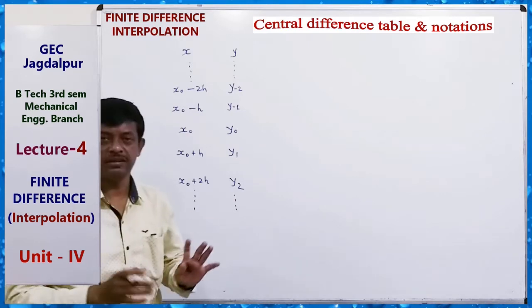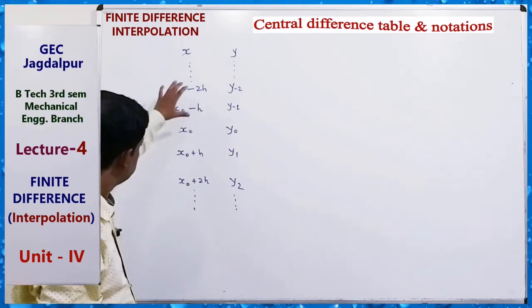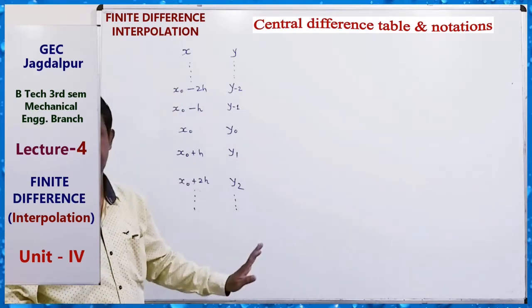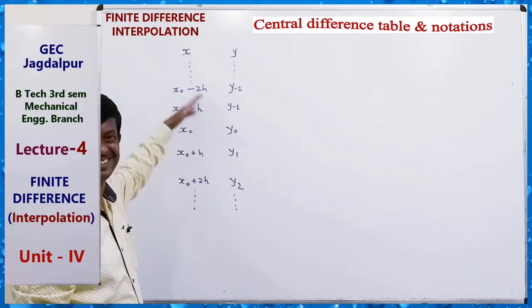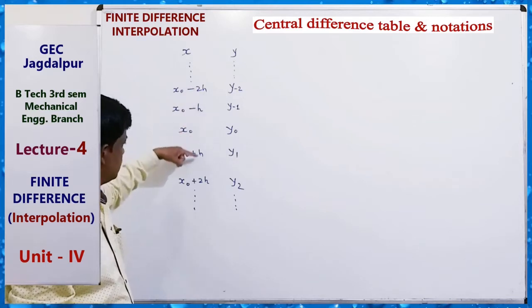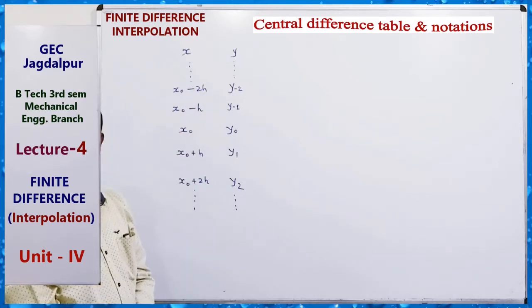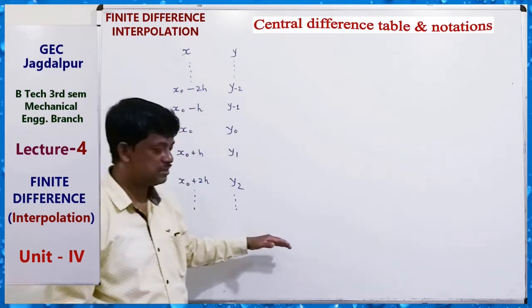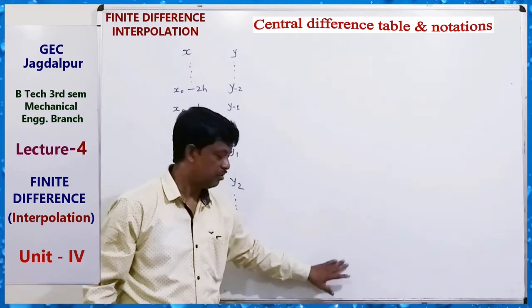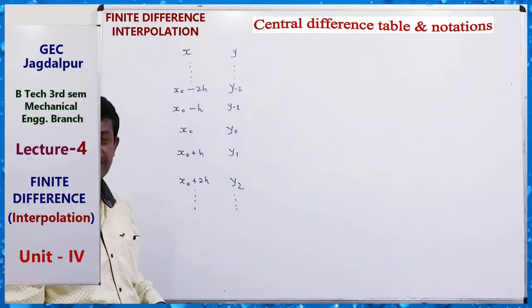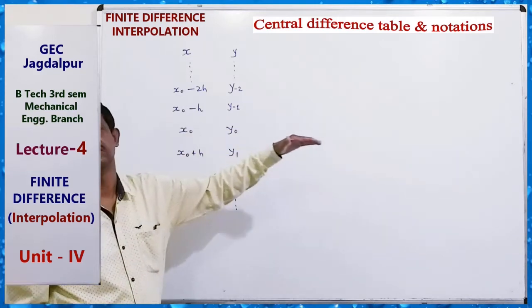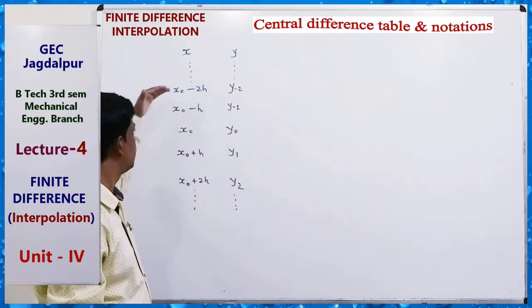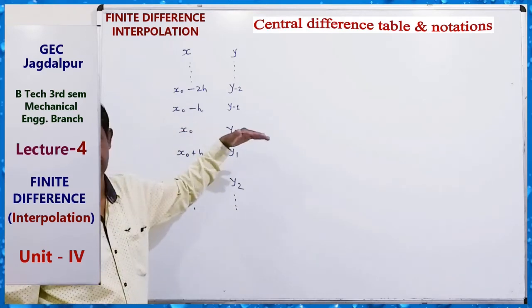Our writing notation is different, but the interval is the same. The interval of differencing is h, because central difference formulas are used when our targeted value lies in the center of the table, the center of the range of the values of x.